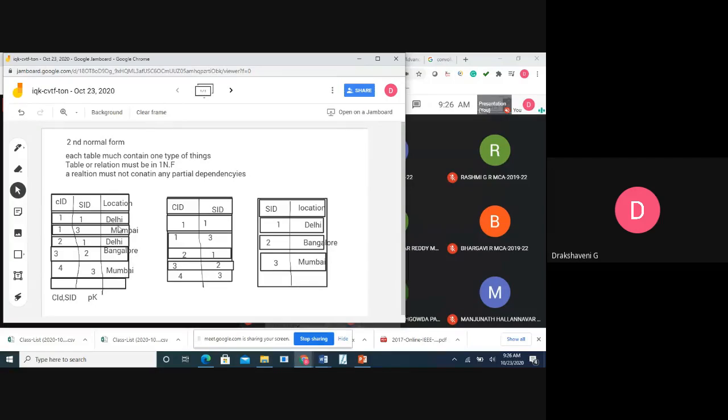So in this case, location, you can see location 2 times is there, Delhi. And same way Mumbai is also there. So now when we have broken or decomposed this table, you can see in this table the location is being reduced and it only exists one time, not repeated. Redundancy we have removed from this table because of decomposing and forming it into the second normal form.